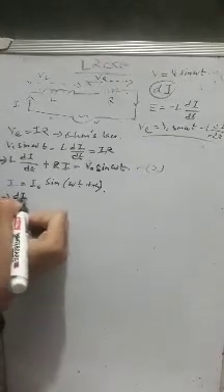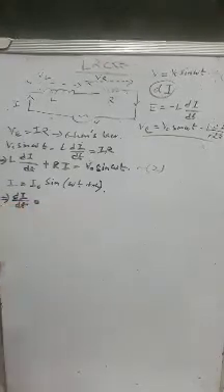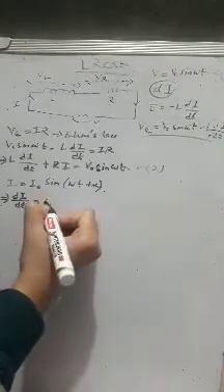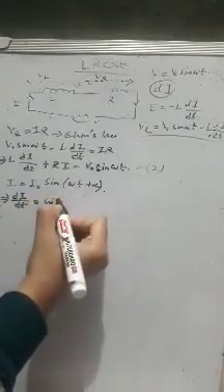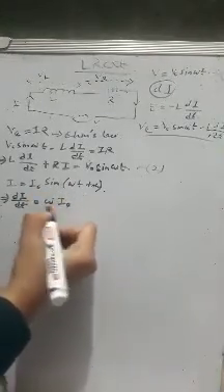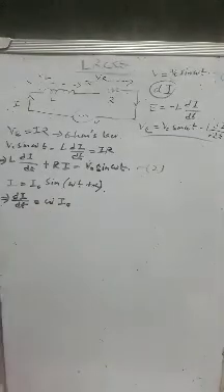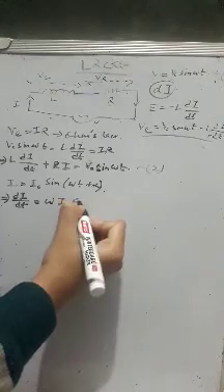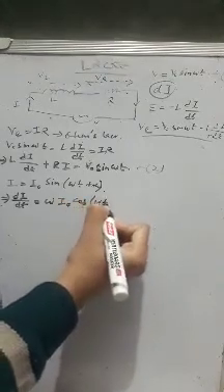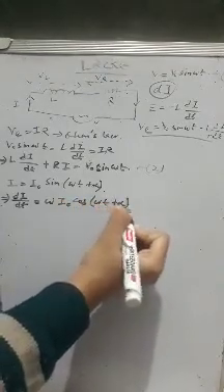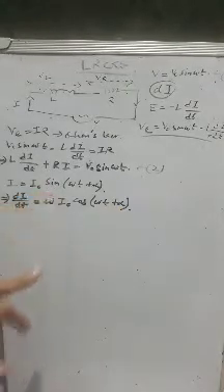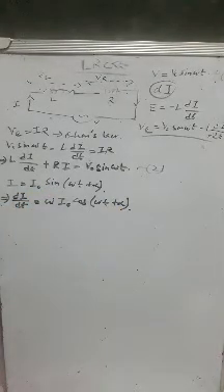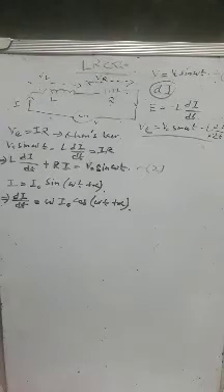That is di by dt equals omega I naught cos omega t plus alpha, omega being a constant. This is only the maths part. Understood? The differentiation of sine theta is cos theta.